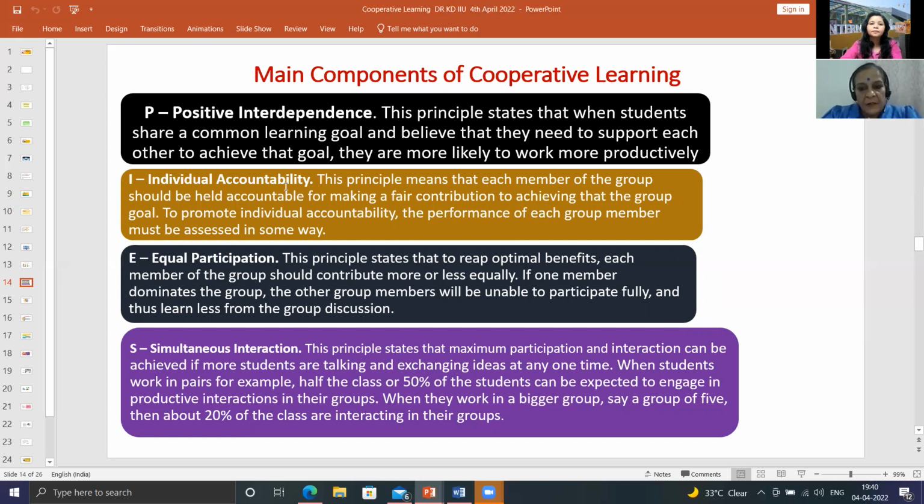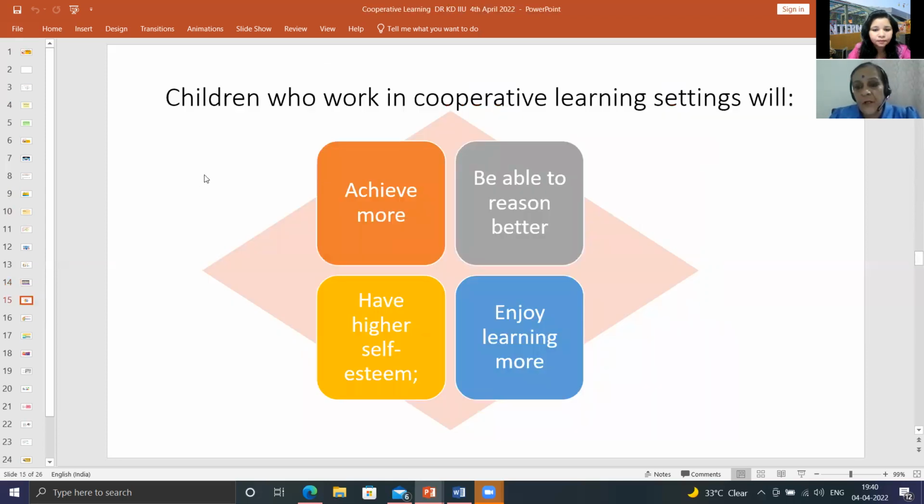When they work in a bigger group, say a group of 5, then about 20% of the class are interacting in their group. What does this indicate? Their simultaneous association and cohesiveness is very important for a cooperative learning concept.